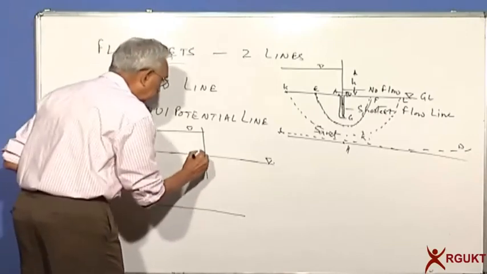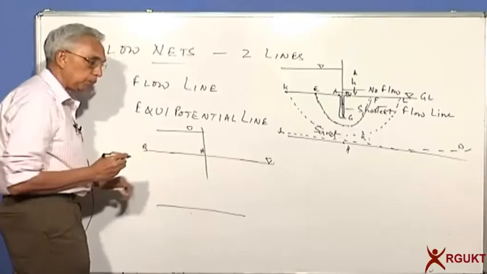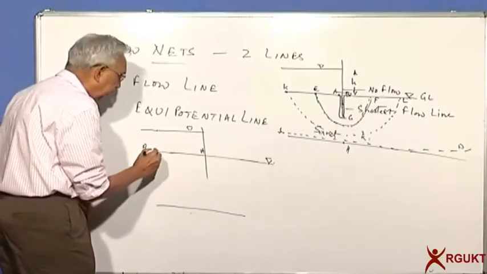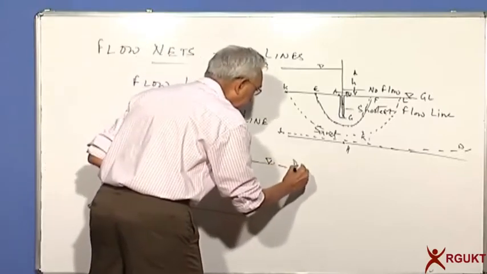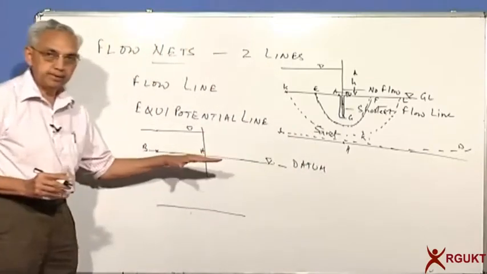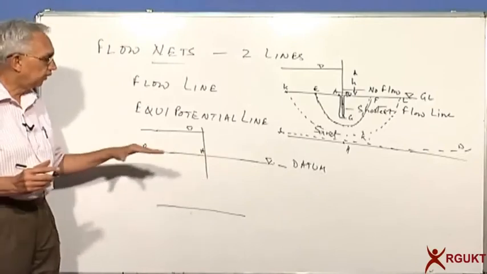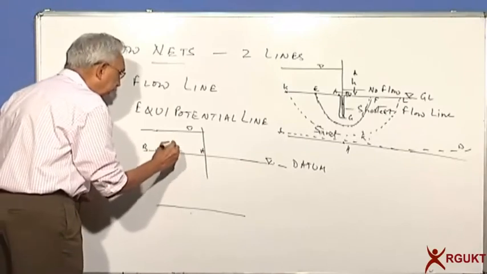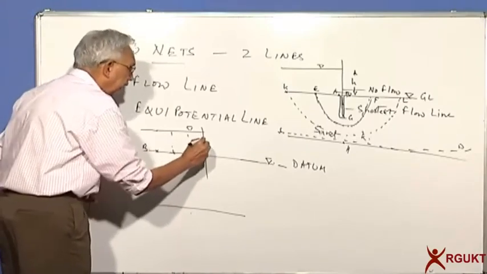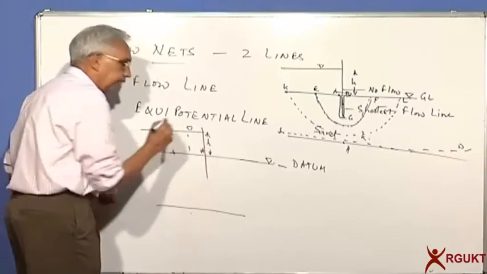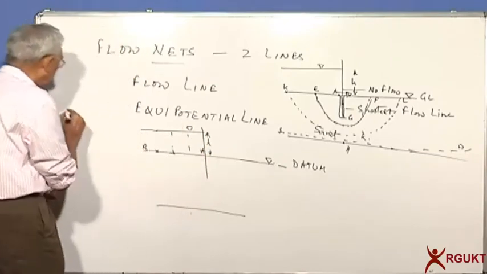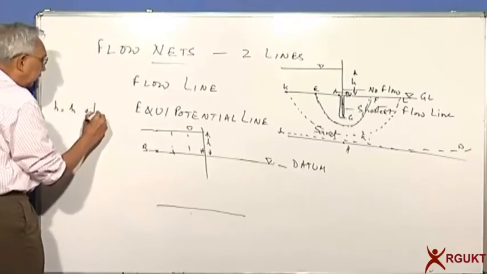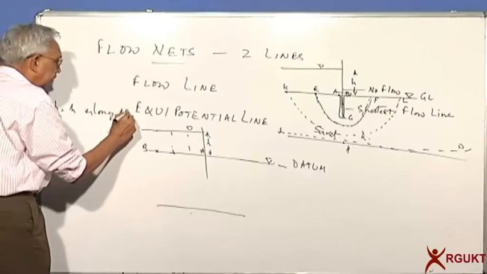Let me look at now the line AB. AB is horizontal and the water level is here. So can you tell me, if I take this itself as my datum, the ground level is taken as the datum. So what happens to the potential? Along A to B, any point I take, the potential is equal to H. So H is equal to the head along the line AB.